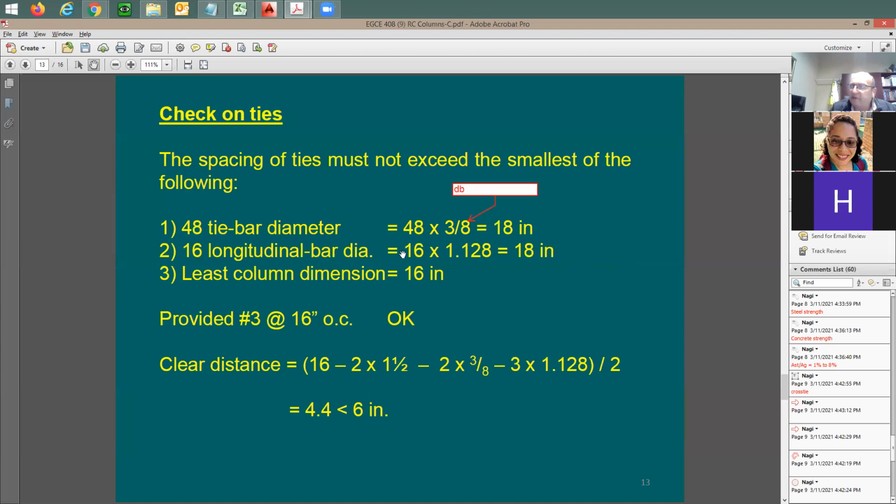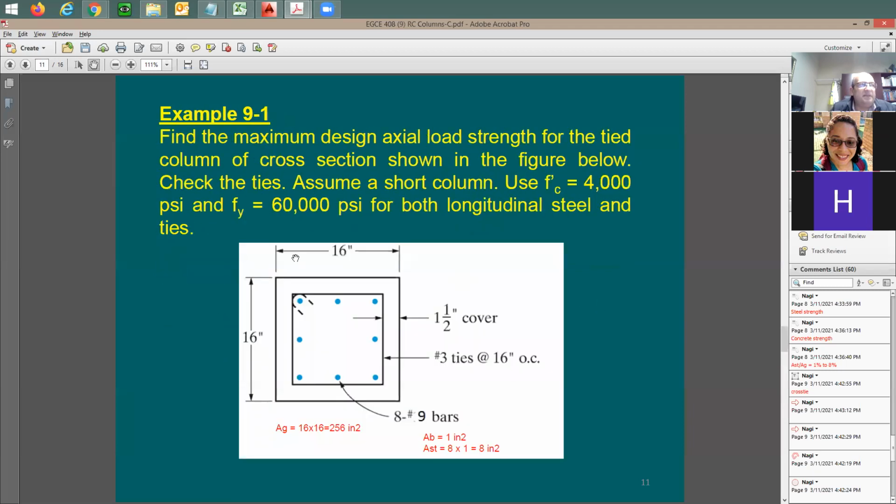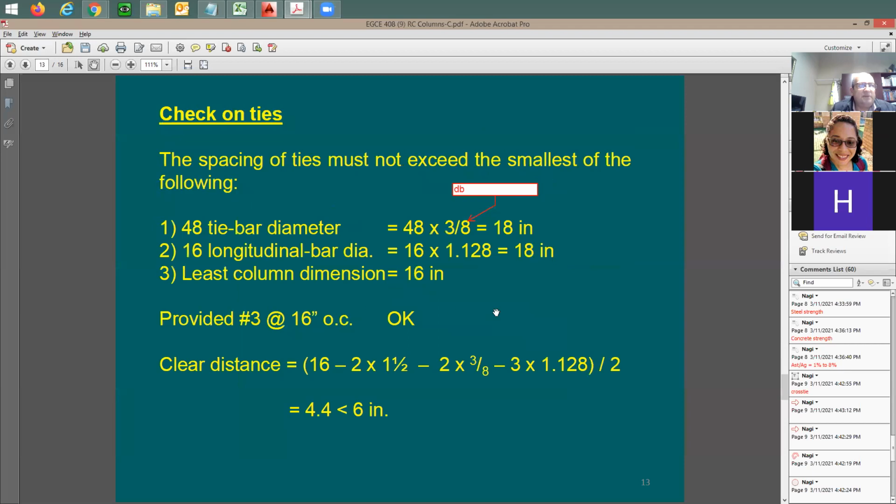The vertical bar diameter is number 9. Diameter is 1 1/8 of an inch. To get the actual size from the table, it's going to be 1.128. So also it's going to be 18 inch for the second requirement. Third requirement is the least column dimension. The column is 16 by 16 anyway, so it's going to be 16 inch.